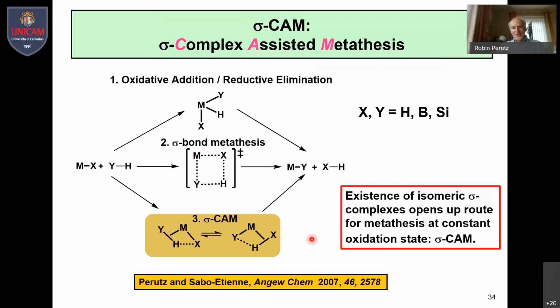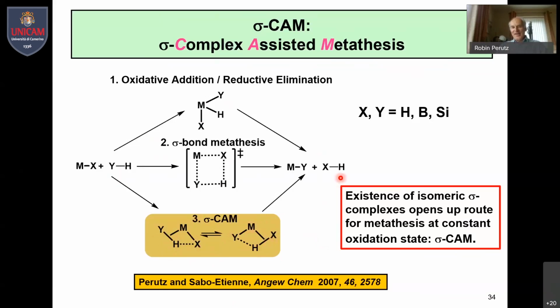But what Sylviane Sabot-Etienne and I worked out was that if you can form these sigma complexes, we've got an alternative route. So here we have YH bound to the metal, forming a sigma complex interacting with X. We do that little dance as I described before, and now we have HX bound to the metal.